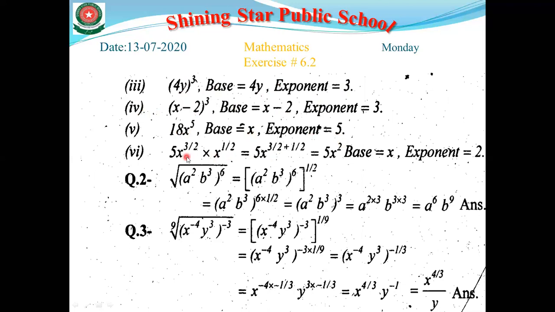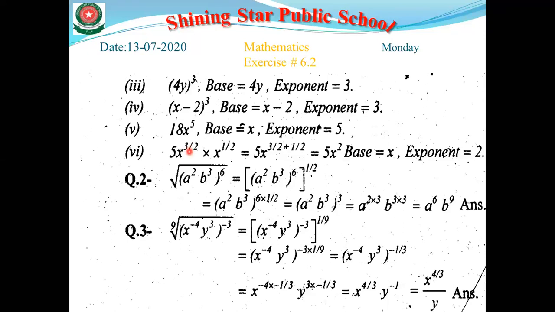Now here 5 x power 3 over 2 multiply x power 1 over 2. We know that when we have the same exponent or same power, we can write them under a single square root. But we also know that if we have the same bases, देखिए यहाँ पर आपके पास x है, यहाँ पर भी x है, base क्या हो गई? Same. So if we have the same bases and we have to multiply them, we have to add their powers.